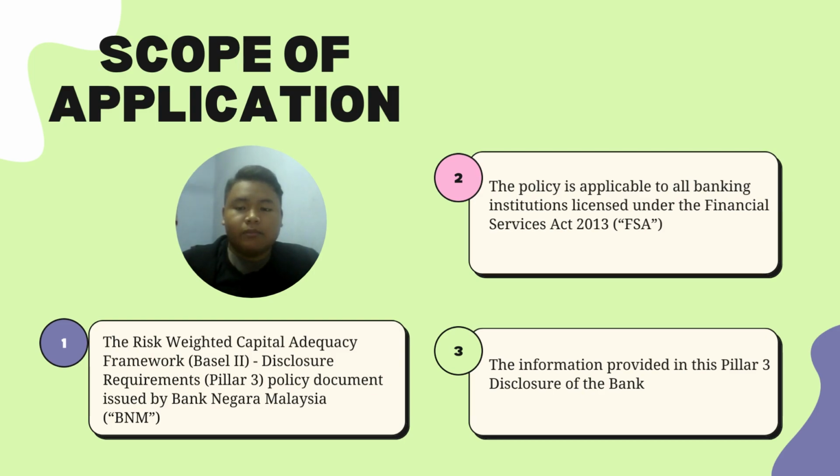Second, the policy is applicable to all banking institutions licensed under the Financial Services Act 2013 (FSA). And the last one, the information provided in the Pillar 3 disclosure of the bank.